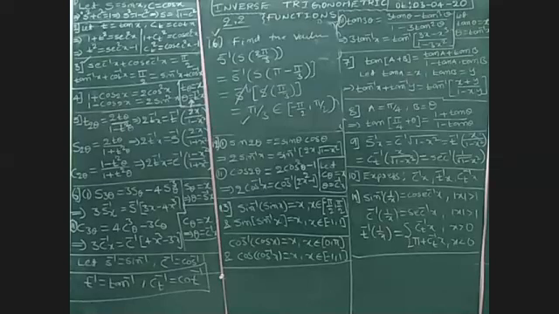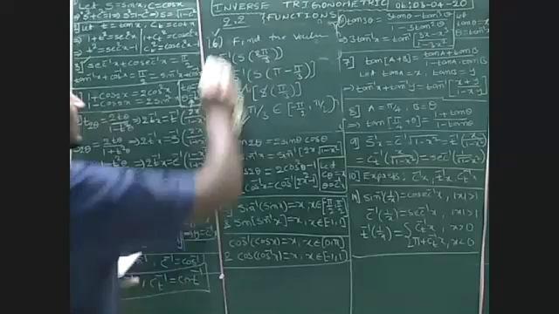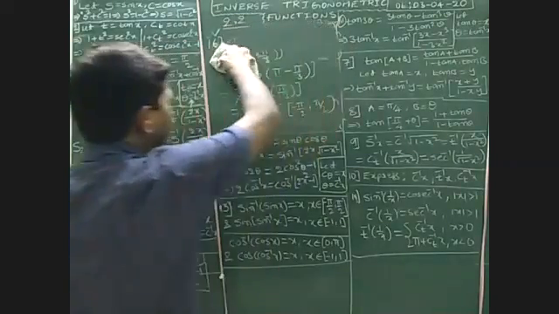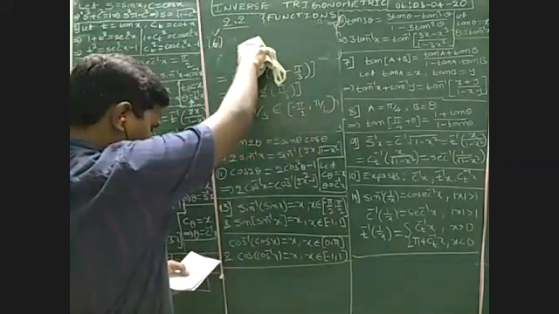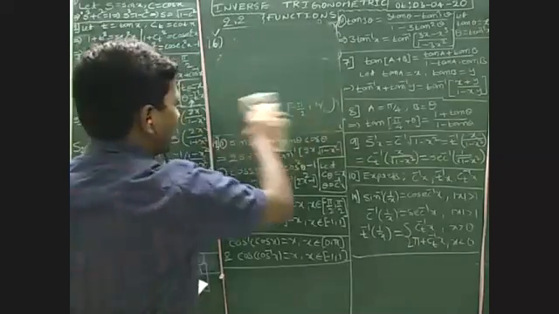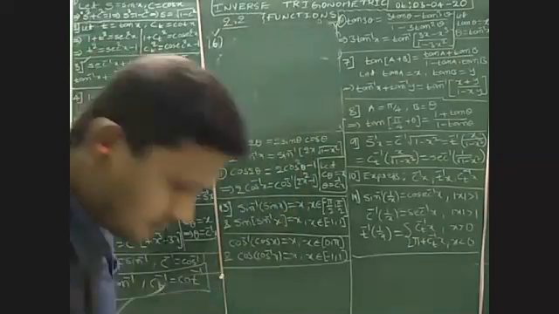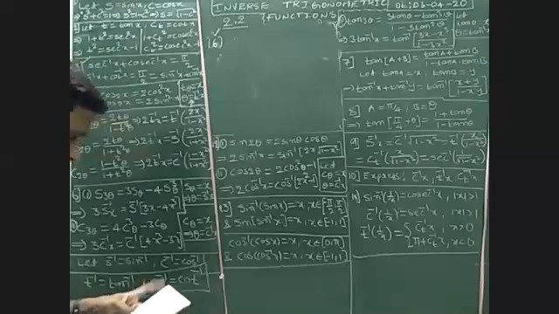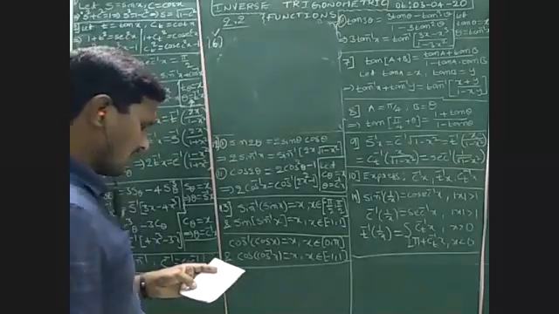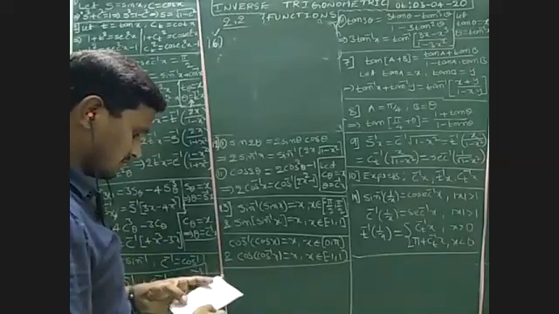Very, very easy. Question number 17 also, we will do as it is. Minus pi by 4. Minus 45.